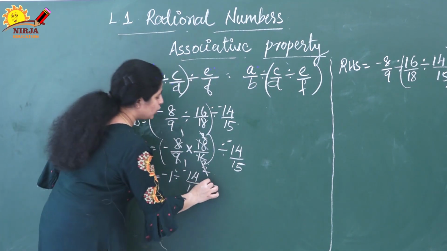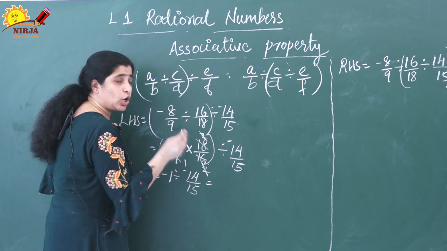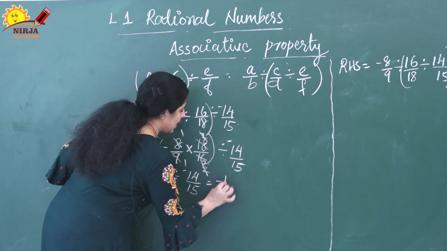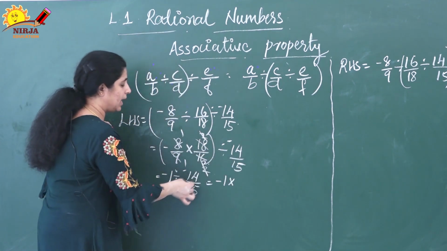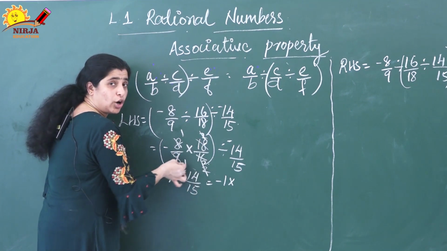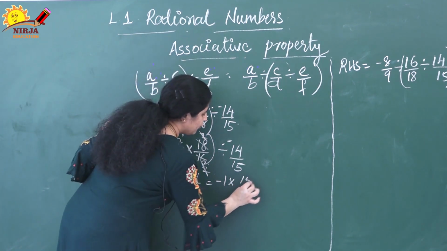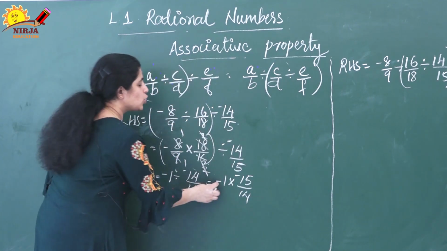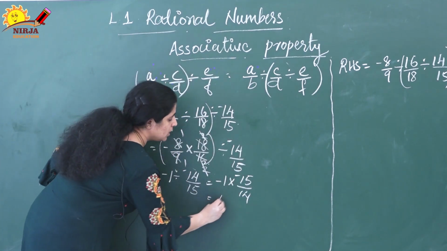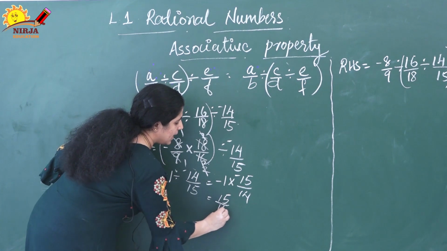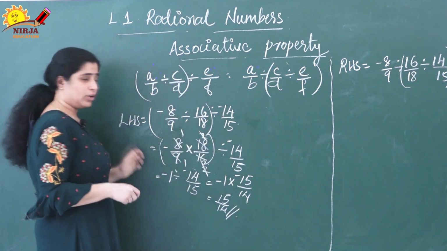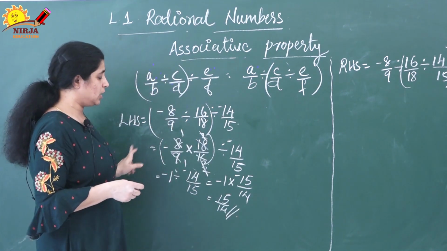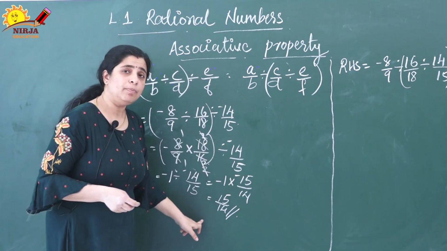Again you have to multiply with the reciprocal of the second number. That means minus 1 multiplied by the reciprocal of this number, that means 15 by 14. Here minus sign is there. So minus minus plus, you are getting the answer as 15 by 14. That means LHS is equal to 15 by 14.